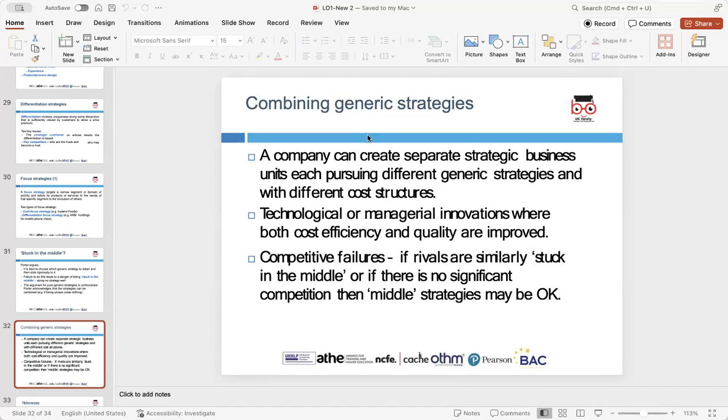Then technological and managerial innovation: improvement in technology or management can enable firms to simultaneously achieve cost efficiency and high quality. Finally, competitive failure: in cases where competitors are also struggling with strategy clarity, adopting a hybrid approach may be feasible.